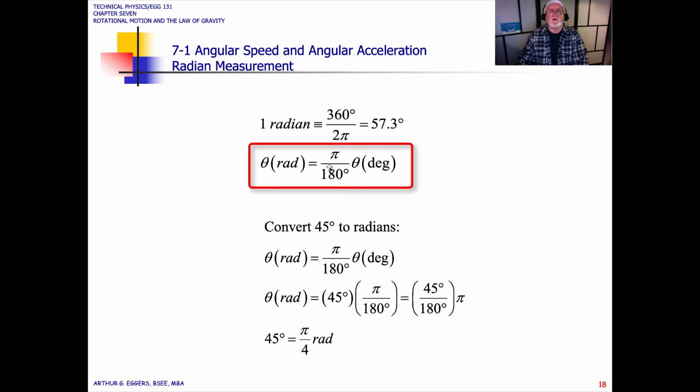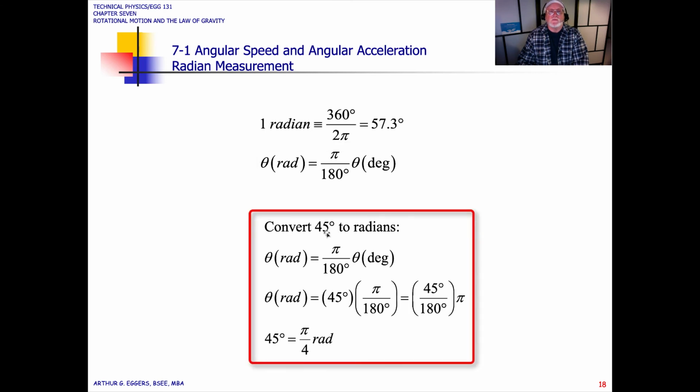So we're going to develop a relationship of the angle to our degree measures. If we want to convert 45 degrees to radians, the conversion becomes a matter of pi over 180 times the degrees of interest that we're looking at.